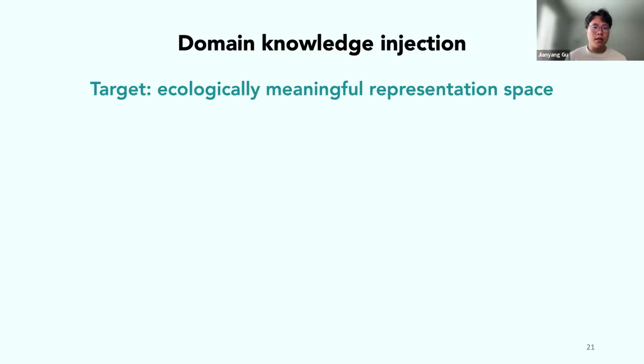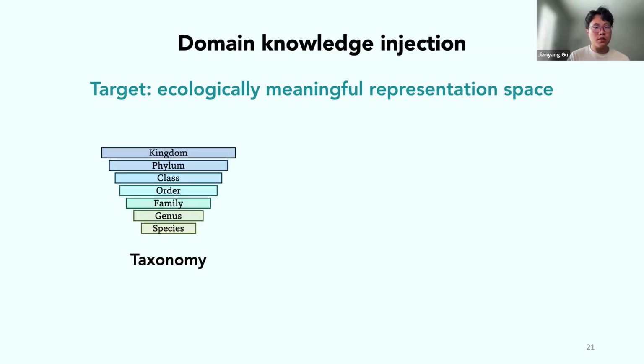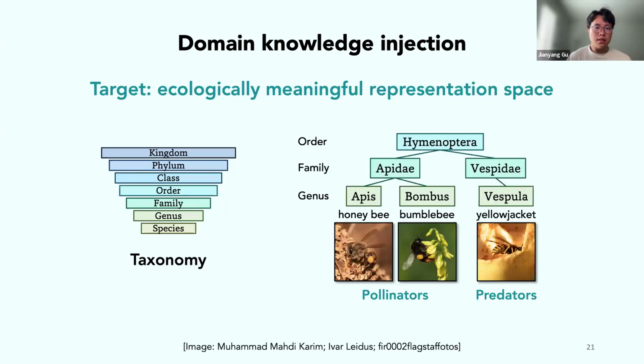Again, our target is an ecologically meaningful representation space. In that sense, we want to leverage the taxonomic labels to inject this domain knowledge. Taxonomic labels not only indicate species names, they also reflect, in some sense, the ecological similarity between different species. In this example, we have honeybee, bumblebee, and yellow jacket. Honeybee and bumblebee belong to the same family, while yellow jacket is in another family from the same order.